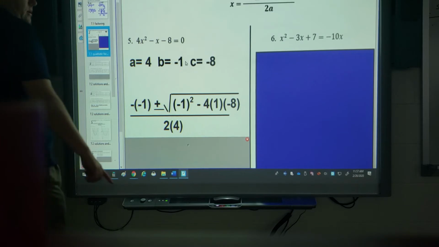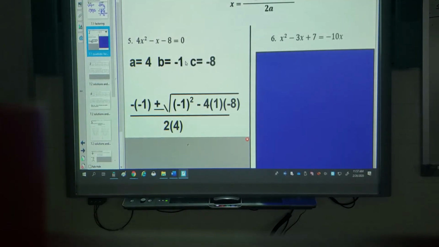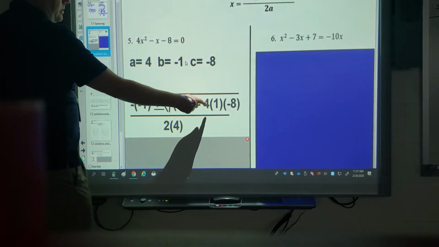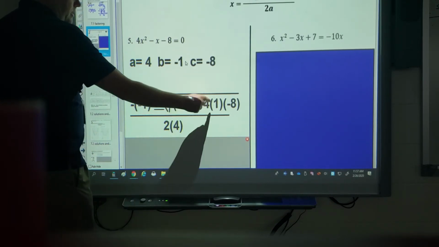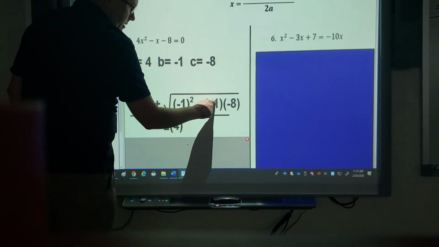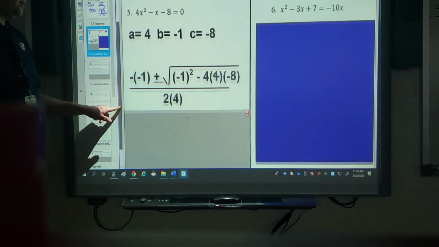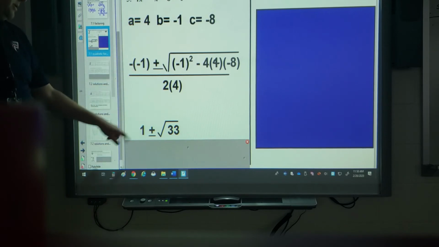Now, I actually noticed there was a careless mistake when I didn't write this formula down. This wasn't deliberate, but where it says 4AC, I actually substituted 4BC. Well, actually, I didn't even substitute 1 incorrectly. So A here is supposed to be 4. So I'm going to change that right now. And then as I go ahead and start to simplify this, the two negatives definitely make a positive 1.